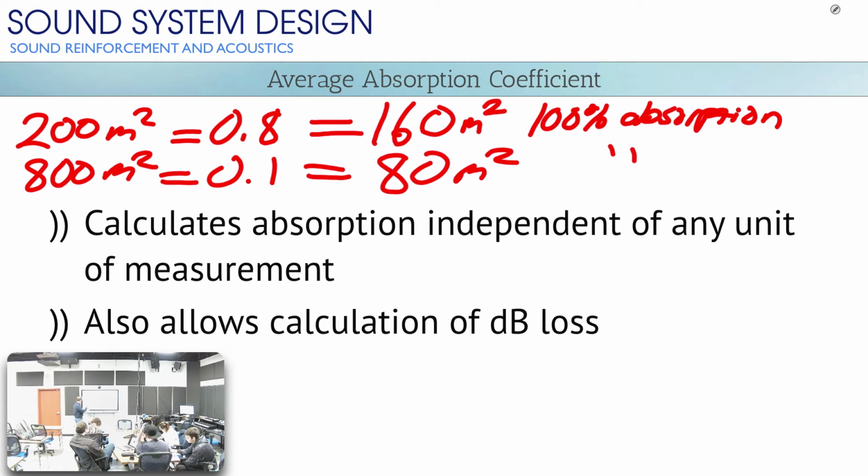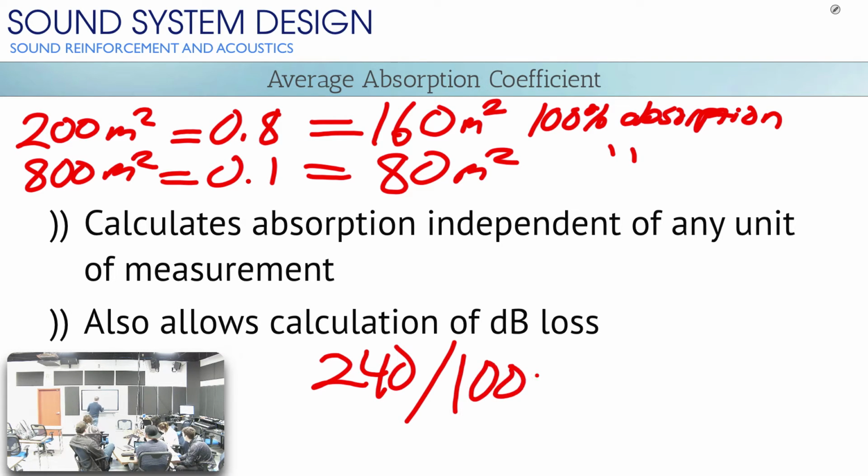Then what you could do is you could take that number, that 240 square meters of perfect absorption, divide it by the 1,000 square meters of total surface area in the room, and what do you get? What's 240 divided by 1,000? 0.24. And what is that number now?